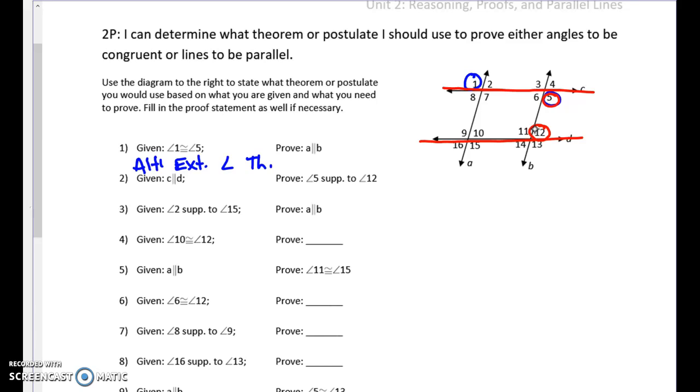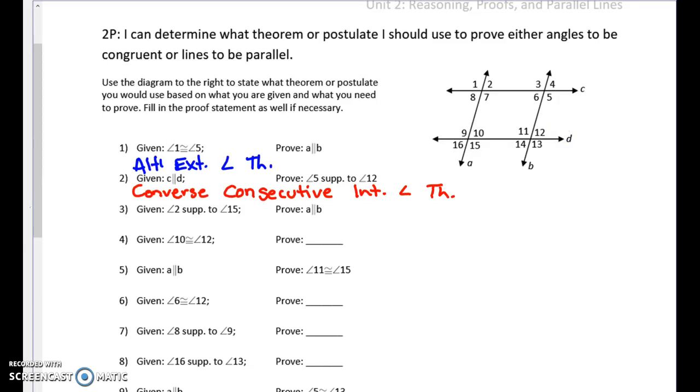And if I'm proving angles to be supplementary, then I'm going to use the converse theorem. So I use the converse of the consecutive interior angle theorem. There we go. All right. So let's look at this next one.